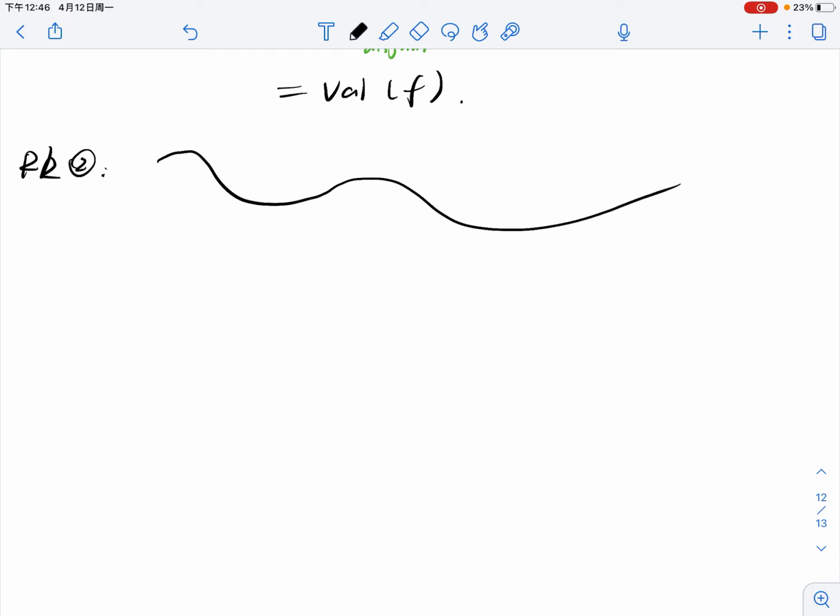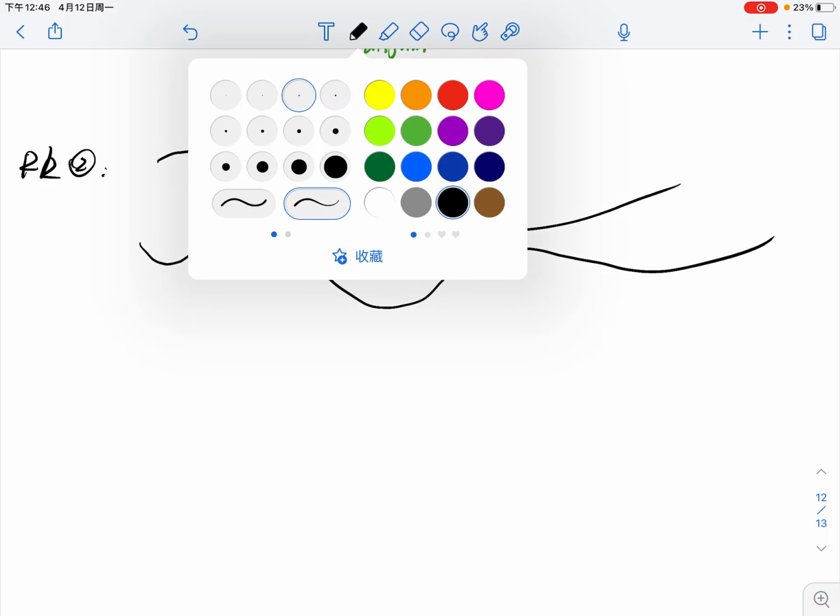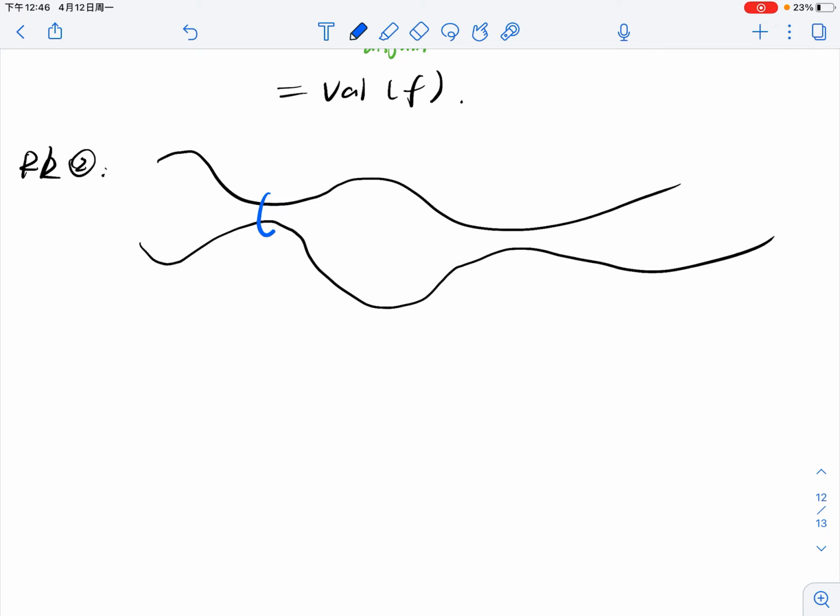We only need to look at the thinnest part of the network. So this is a cut. This is a neck, the thinnest.